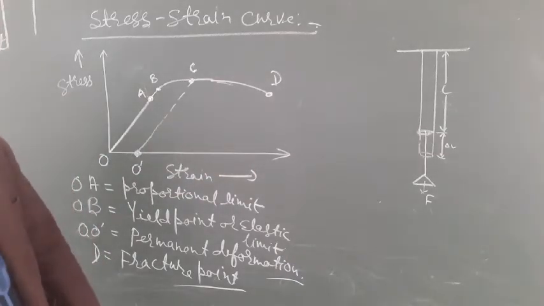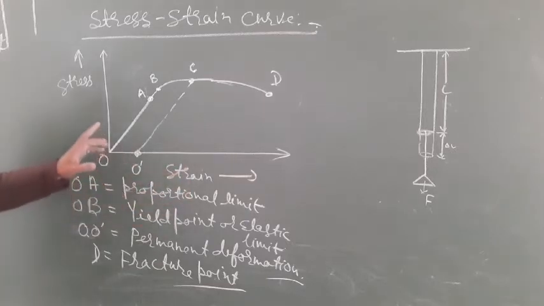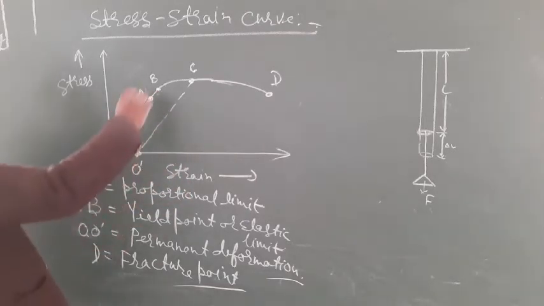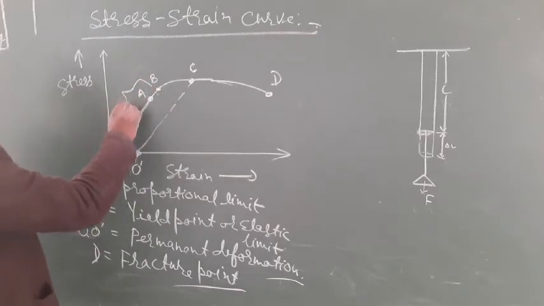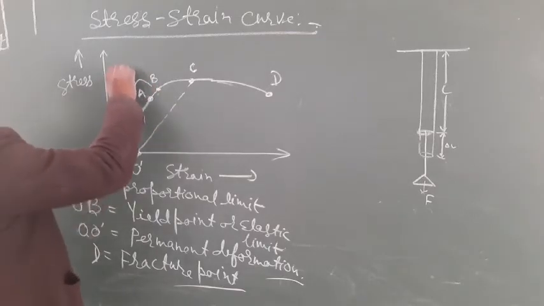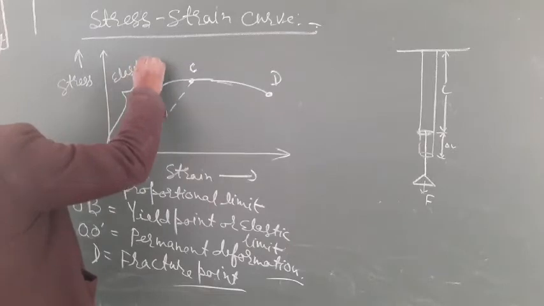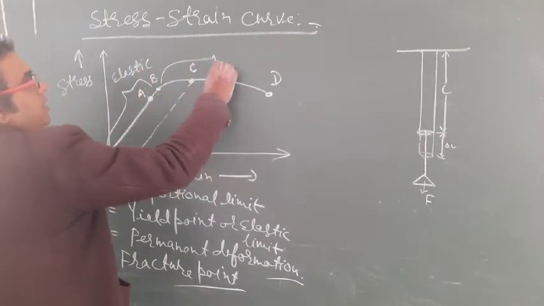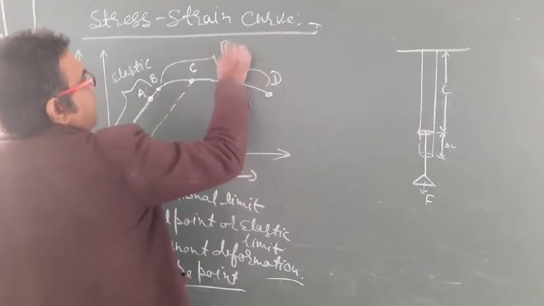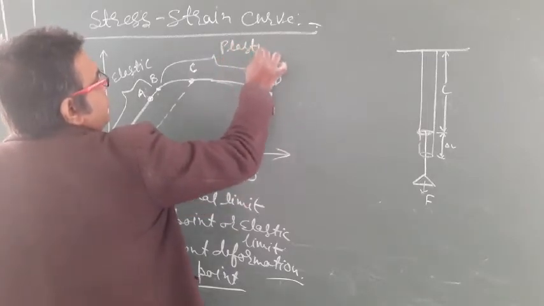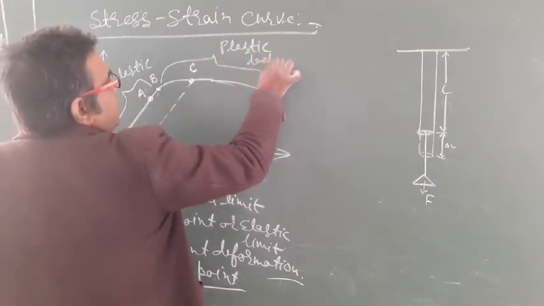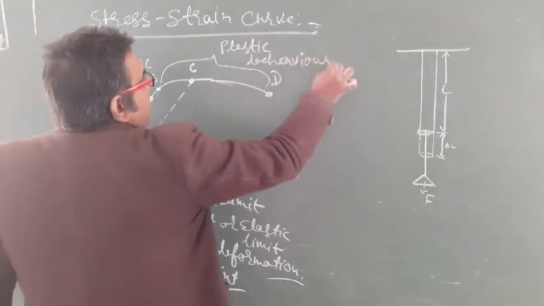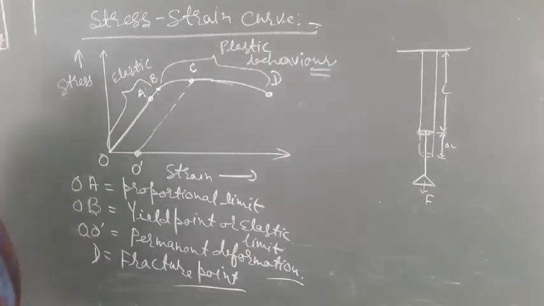So this is about the elastic behavior, because up to point B we observe the elastic behavior of the material, and beyond point B we observe the plastic behavior of that rigid body.